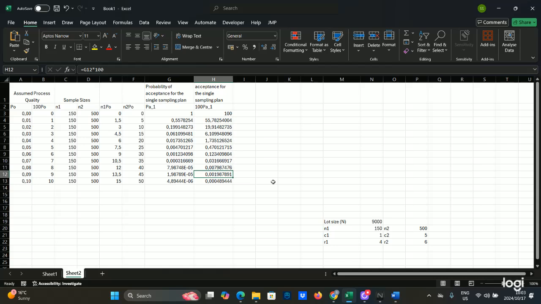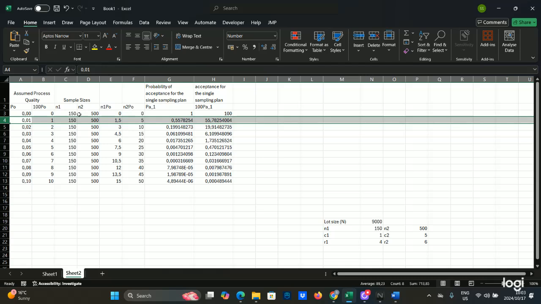Now, since you are done with the percentage of acceptance, if you look at this, since their C value is 1, it corresponds to this. So the percentage of acceptance now is 55.7%, which is relatively low.